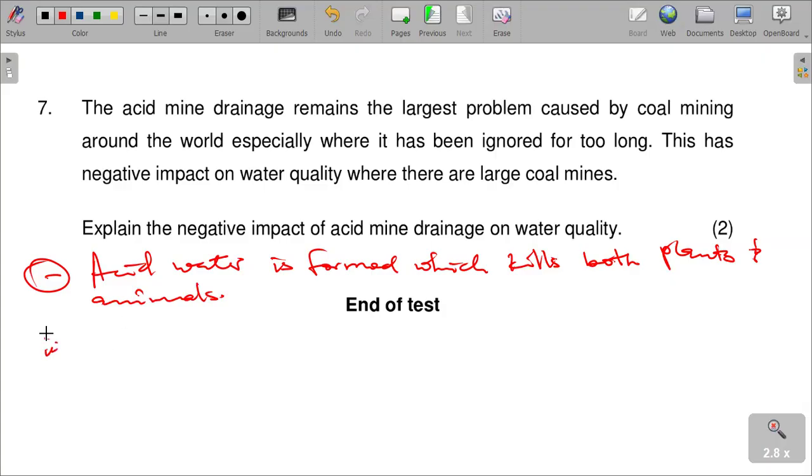And number two, you can also say that the acid also depletes oxygen from water and aquatic organisms die.